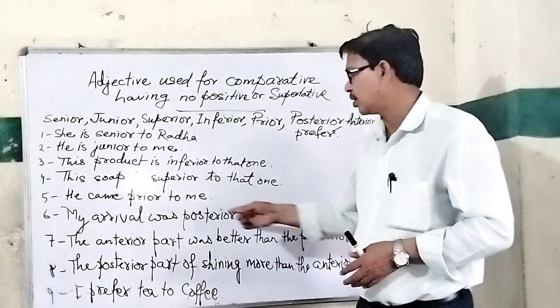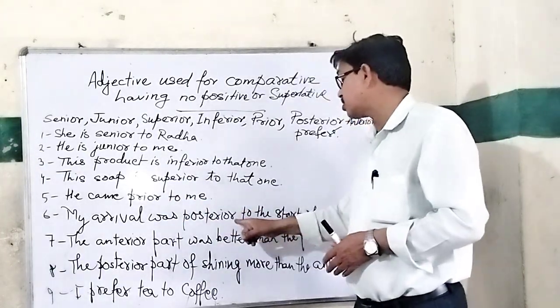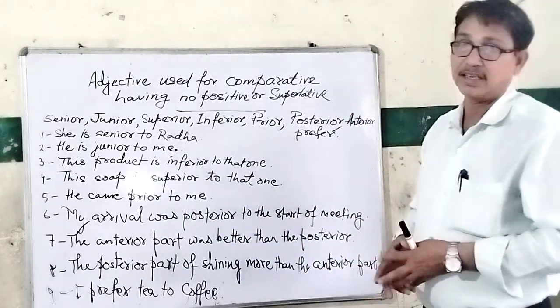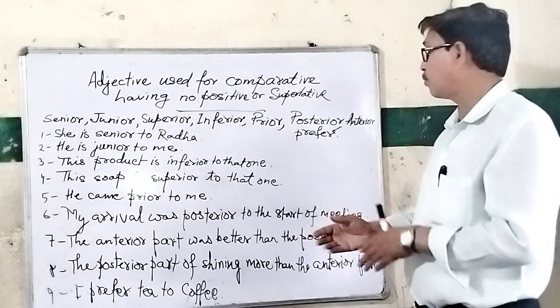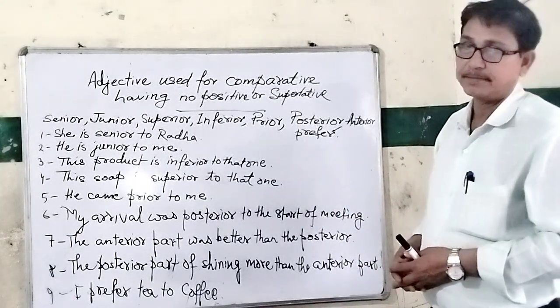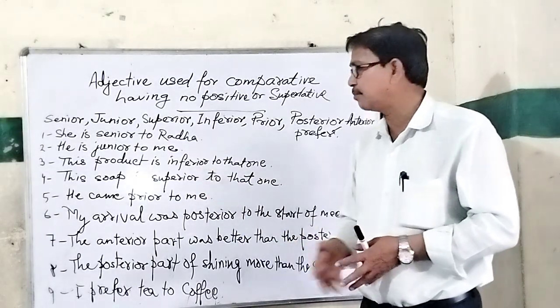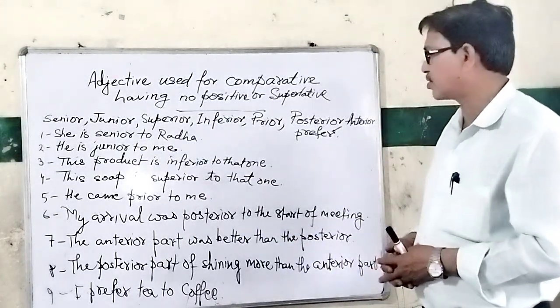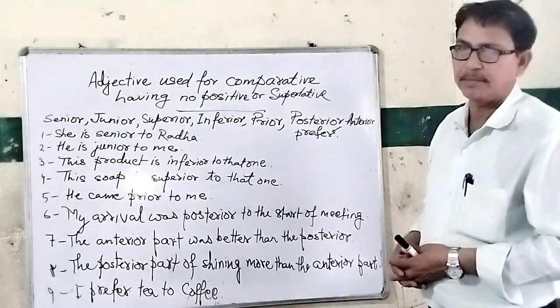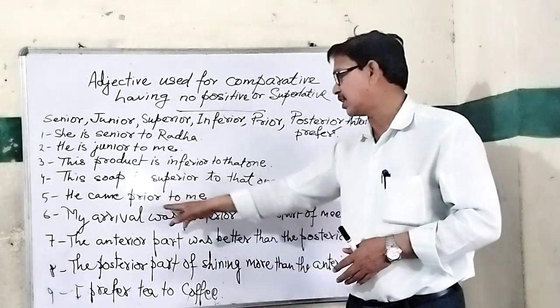So my arrival was posterior to the start of meeting. It means my arrival was after the start of meeting. Here, he came prior to me means he came before me. So prior and posterior are used in the sense of time, but they are opposite of each other.